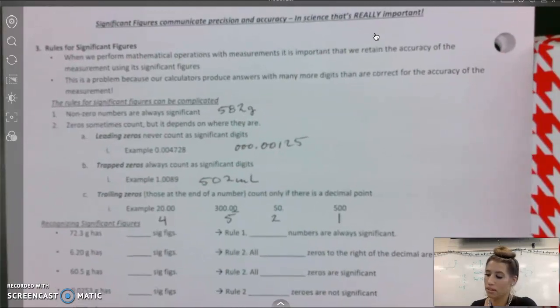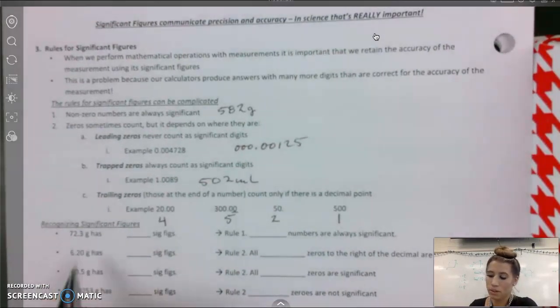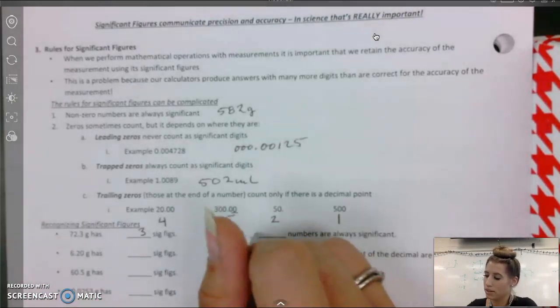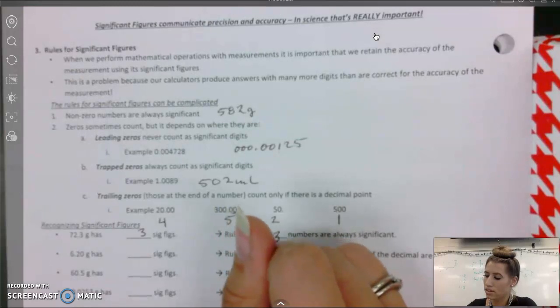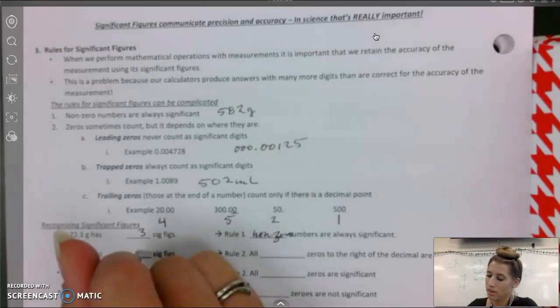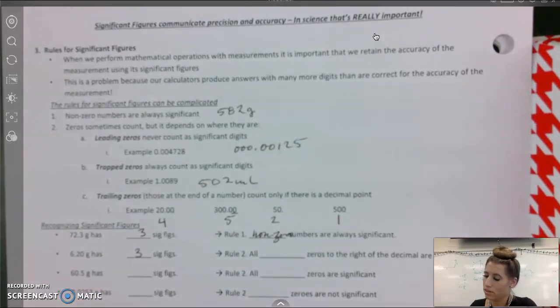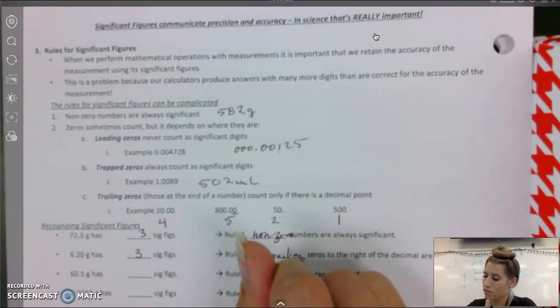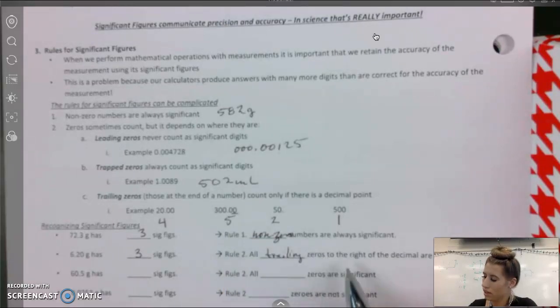Okay, so with this in mind, 72.3 grams has 3 significant figures because Rule 1 tells us that non-zero numbers are always significant. 6.20 has 3 significant figures because Rule 2 tells us that all trailing zeros, and let's get rid of 'to the right.'